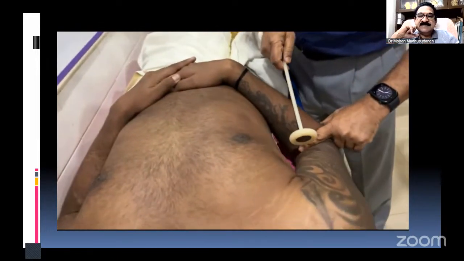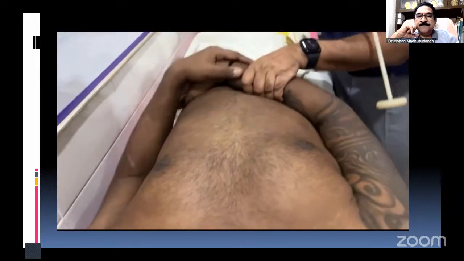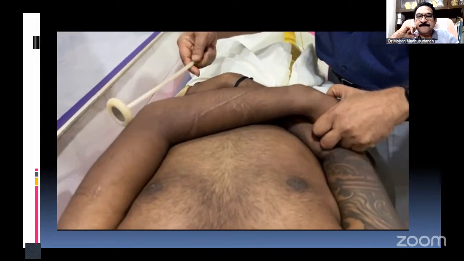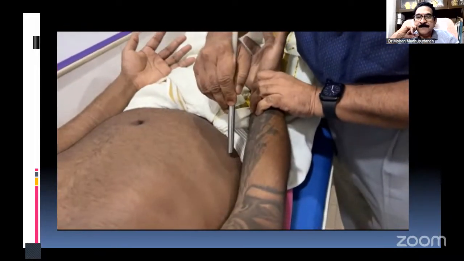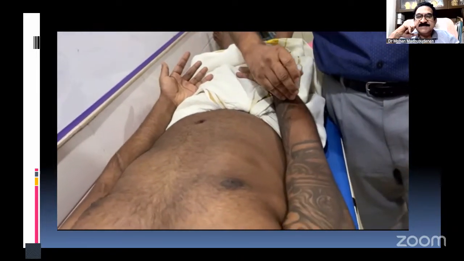Come to the reflexes. Biceps, supinator, triceps are all normal. Sensations normal.